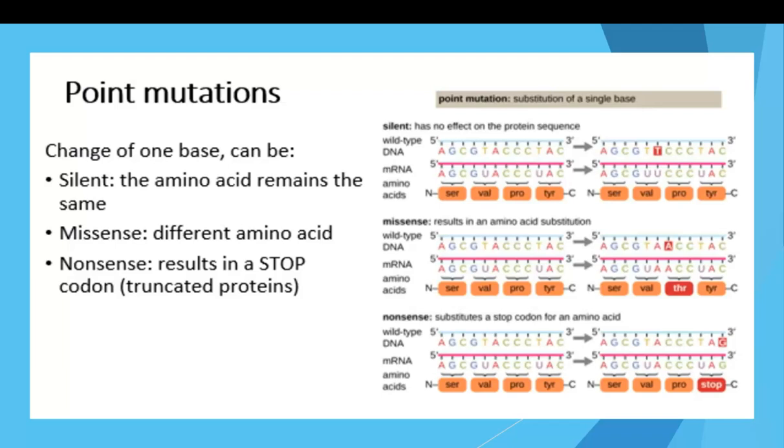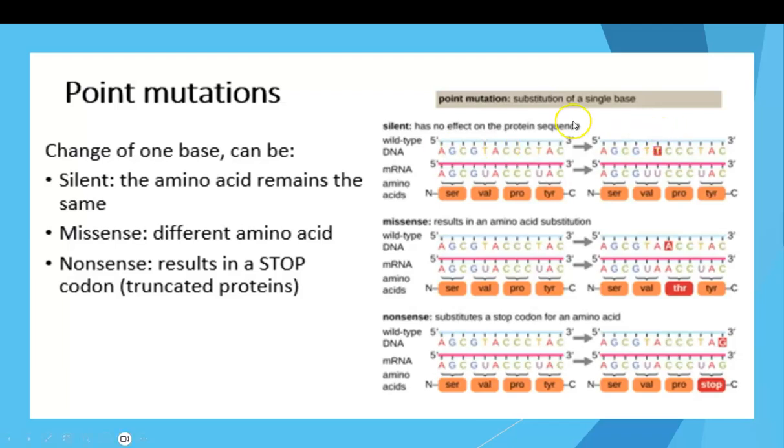Sometimes just by changing one nucleotide, things can change. Look at this example. This is our wild type DNA, a DNA that doesn't have any mutation, like a healthy person. Imagine there is no mutation in the DNA of that person.